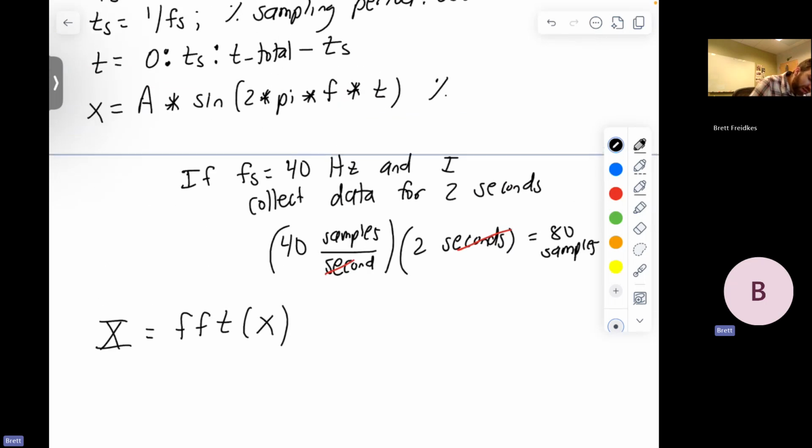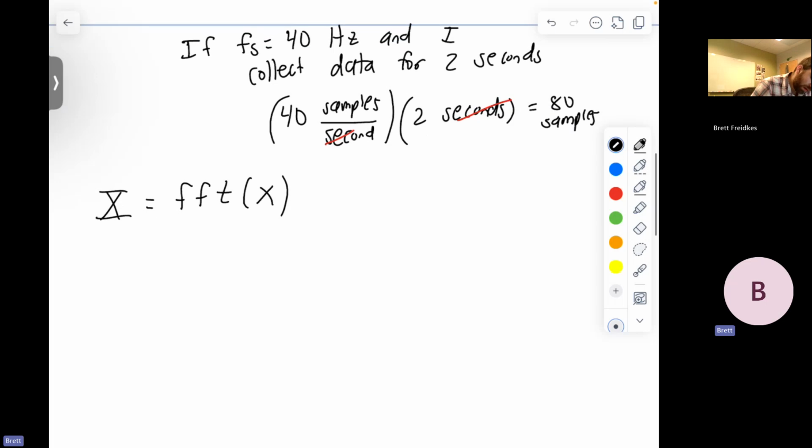And we know that the size of this original signal will be 1 row by 80 samples, because we collect data for 2 seconds at a sampling frequency of 40 hertz. The algorithm ends up taking these 80 samples and converting it to the frequency domain. And that frequency domain will end up being also 1 by 80.